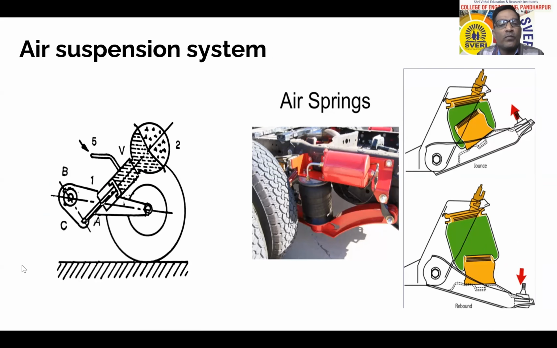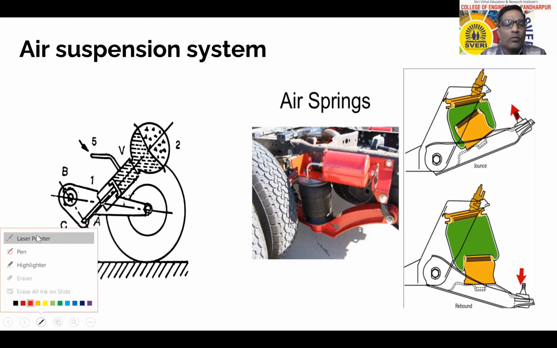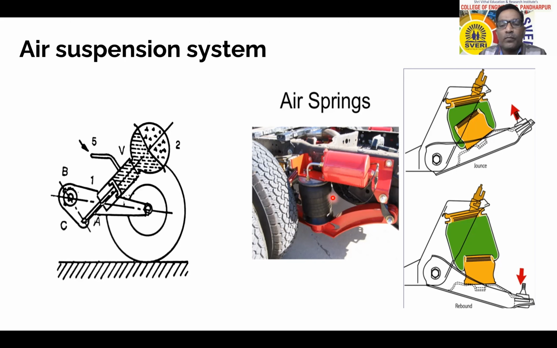In the same way, you can see this one is the actual image for that. This is the air suspension system. The same is provided. This one is the schematic diagram.